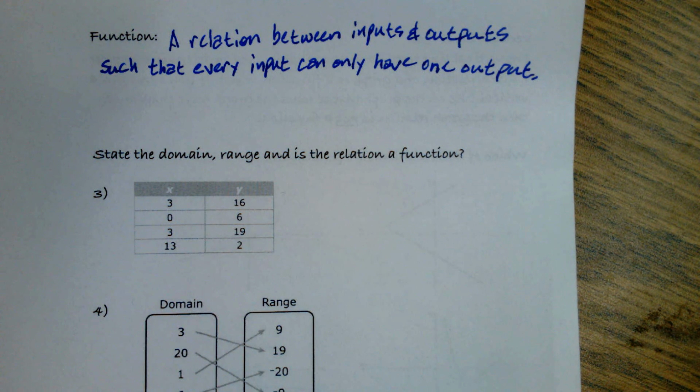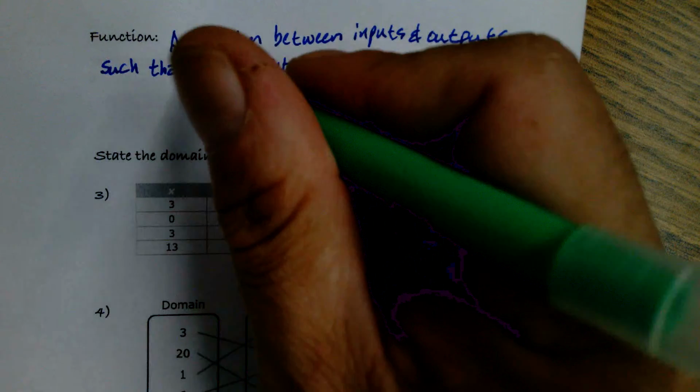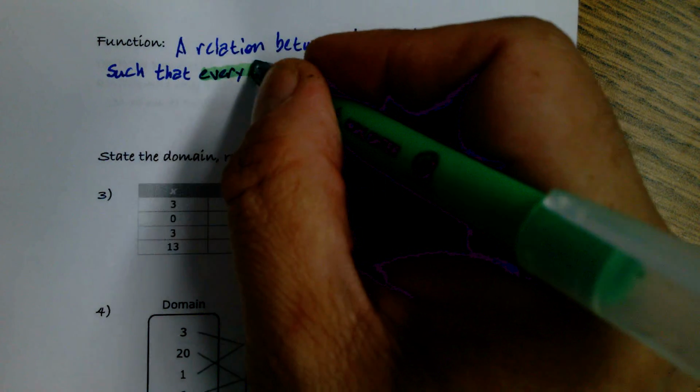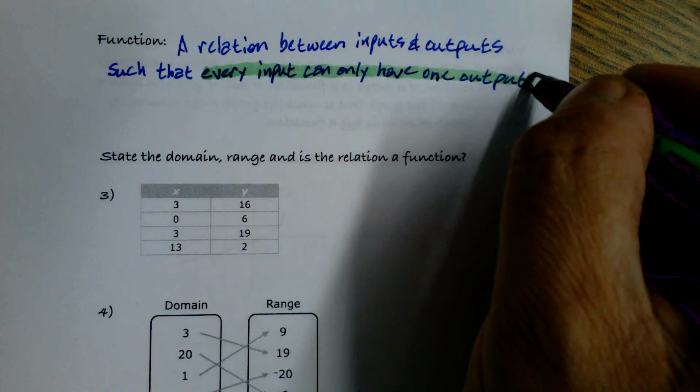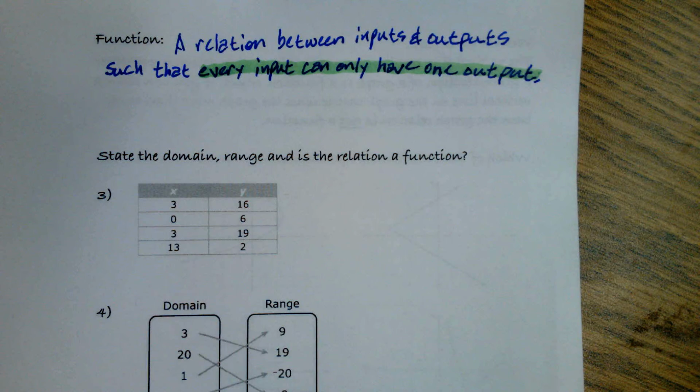And it doesn't seem like a lot, and it seems like, what does that really mean? But it's a powerful statement. Let's translate that into our language of x's and y's. Instead of input, let's say x values, and instead of output, let's say y values. Okay?